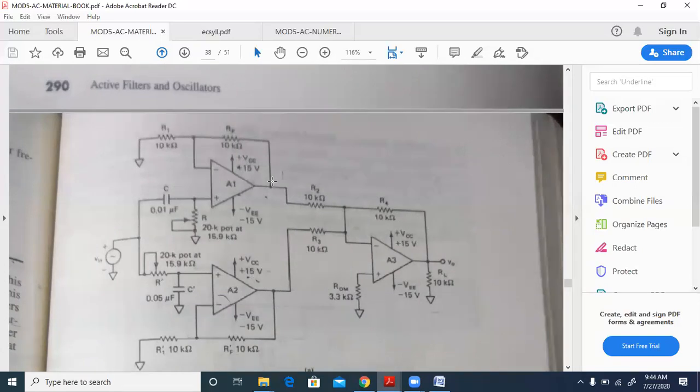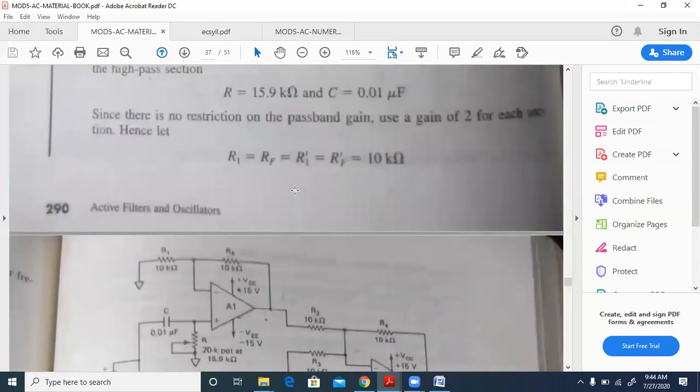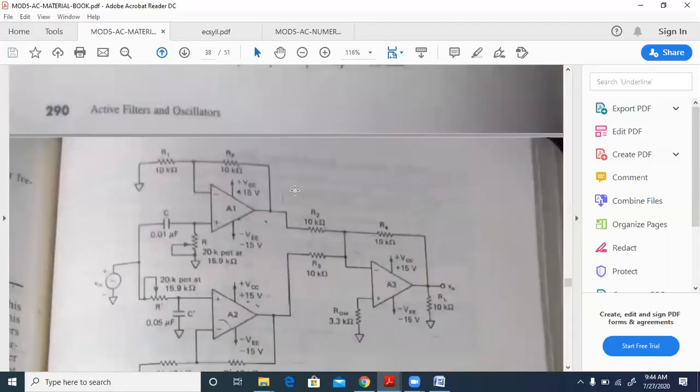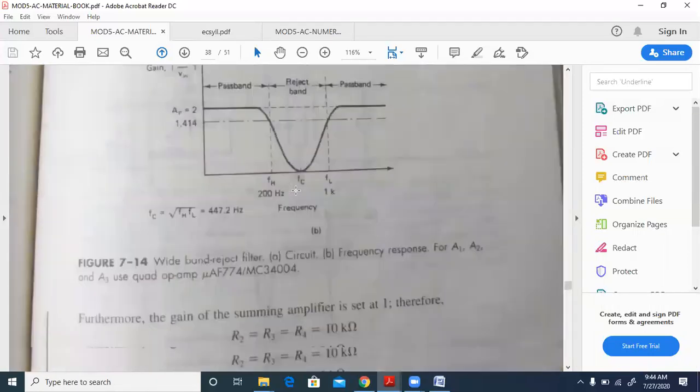So when they are connected in parallel, we are just adding the gain of each of them, right? Therefore, we need to write the addition of them, that is AL, the gain of the low pass filter, plus the gain of the high pass filter. The response of the low pass filter plus the response of the high pass filter will give us the total response of the overall band reject filter, right?